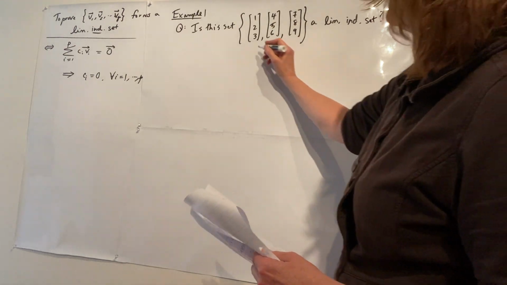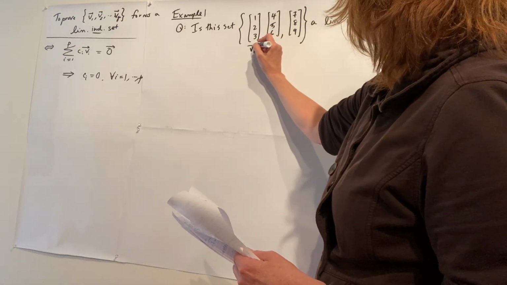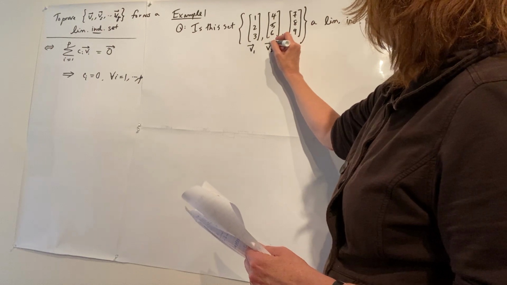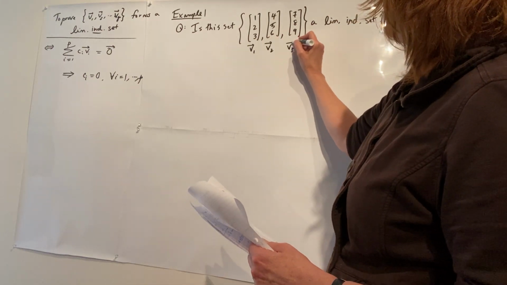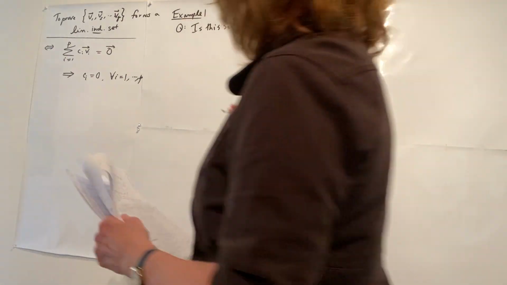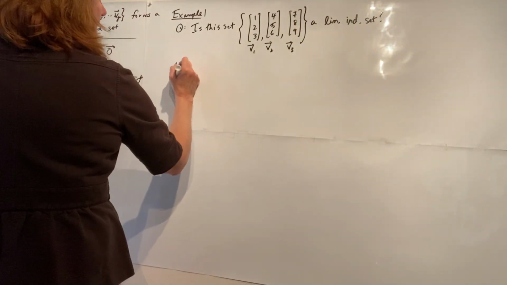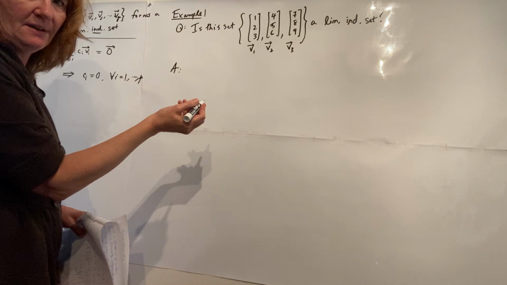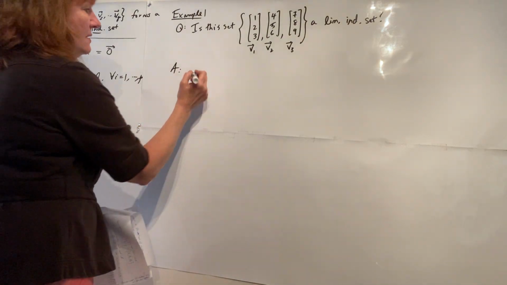All right. If I call this first one v1, this one v2, and this one v3, these column vectors, if I give them those designations, then when I'm going to answer this, I just remind myself of the definition, right?